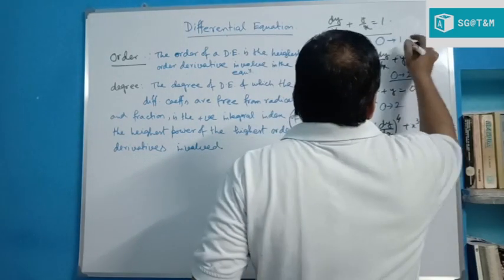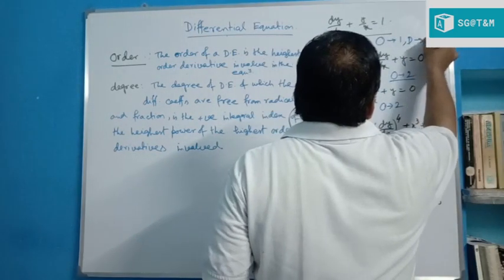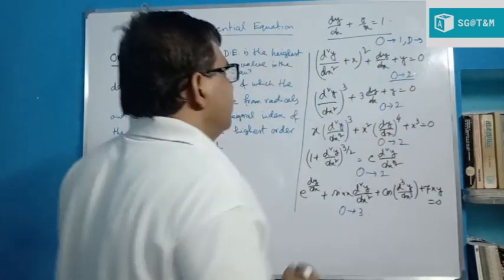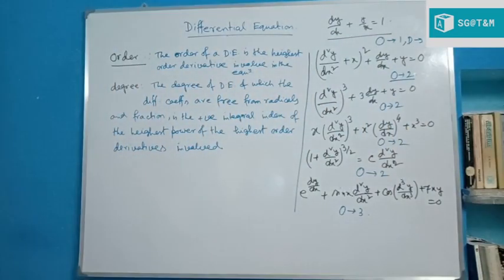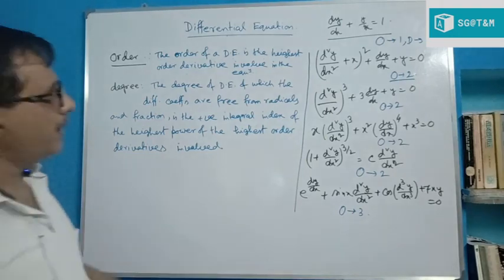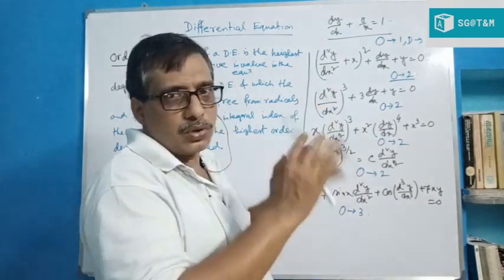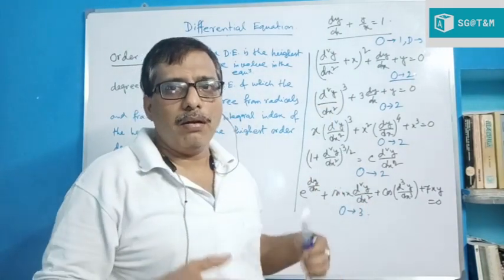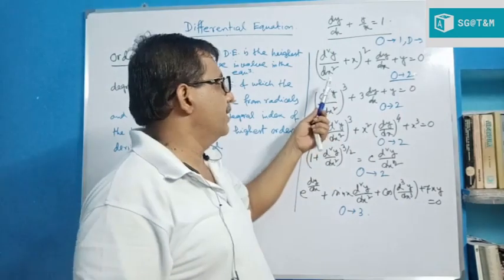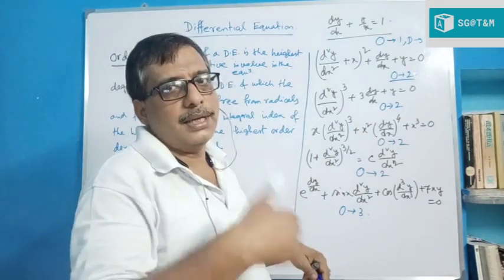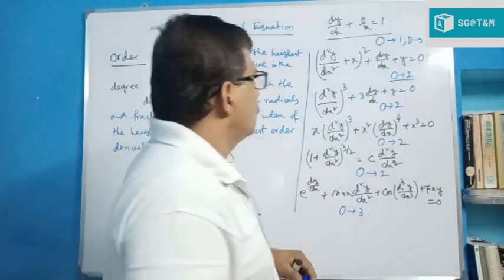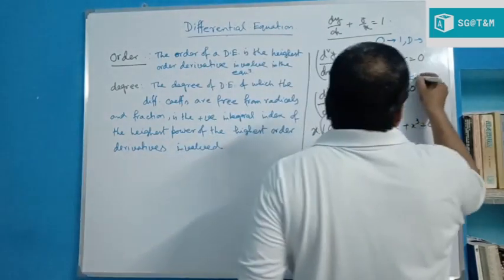Order is 1, and the degree of the first equation is also 1. In the second case, (d2y/dx2 plus x) whole square. Now if we square this, then we get dy/dx times (d2y/dx2) whole square. So the maximum power of the highest order derivative involved here, that is d2y/dx2, is 2. So the degree is also 2.